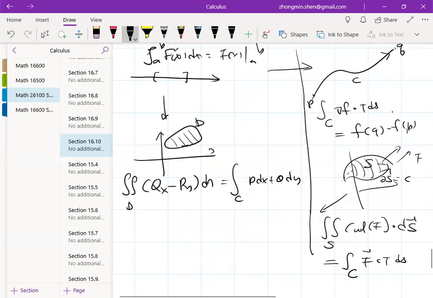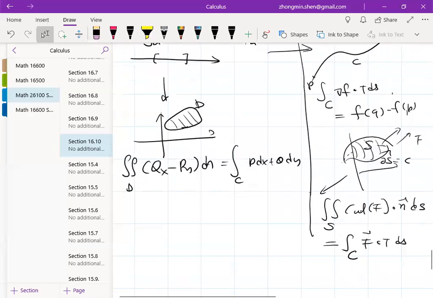Yeah, this is actually the generalization of Green's theorem. Yeah, I'm going to change a little bit here. Actually, I want to use n and ds. Okay, better.